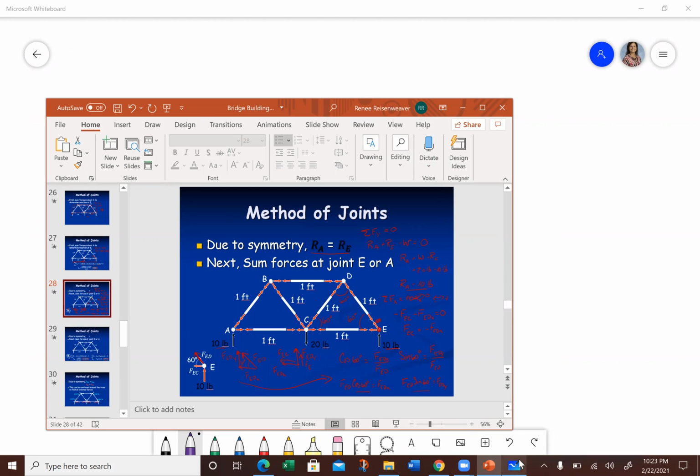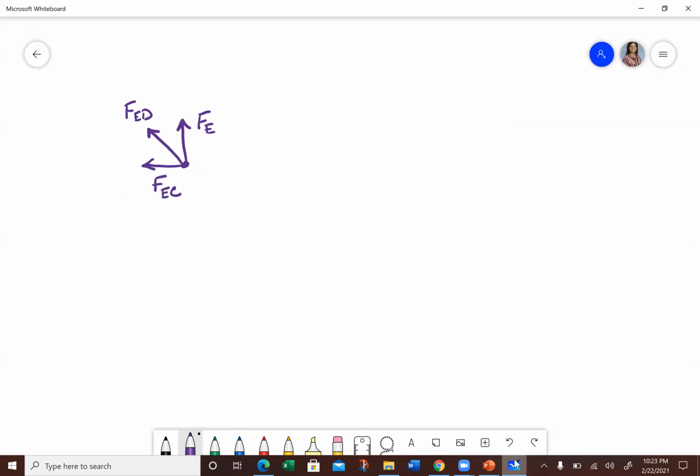All right, so just to clean it up a little bit. It was FED. We want to break it into components. If this is FED, it's going to have an X component, FEDX, and a Y component, FEDY.